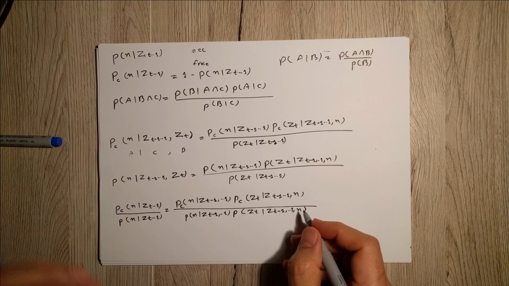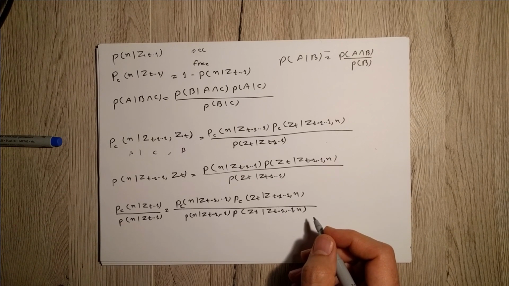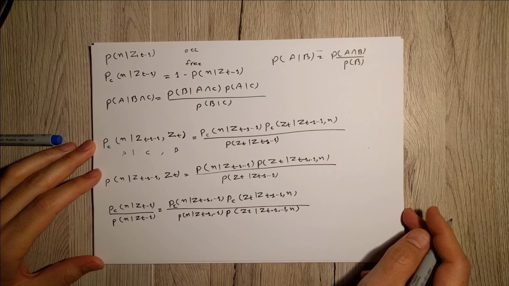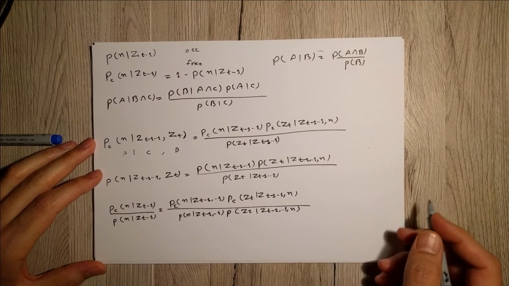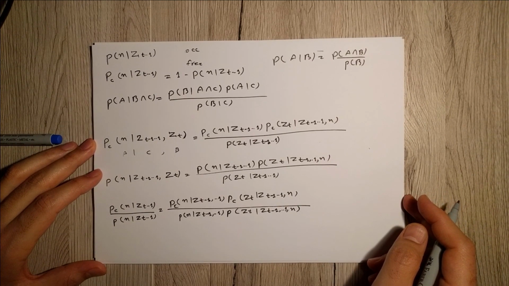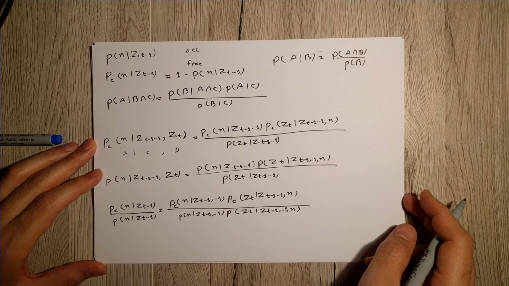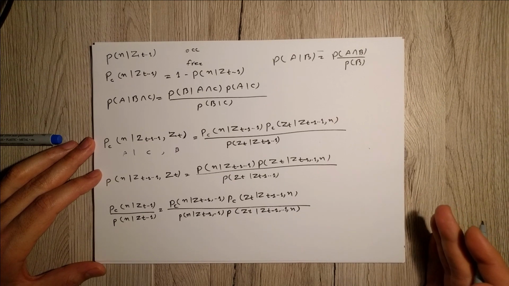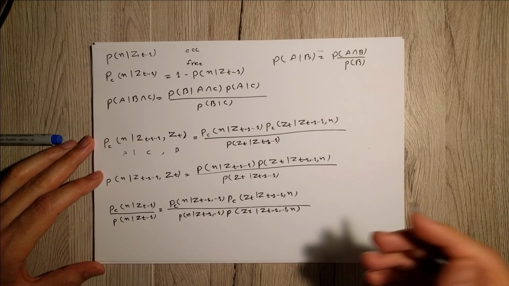Okay, so we ended up with this formula, and we know that the probability of a measurement from a knot is only dependent on the measurement time t.